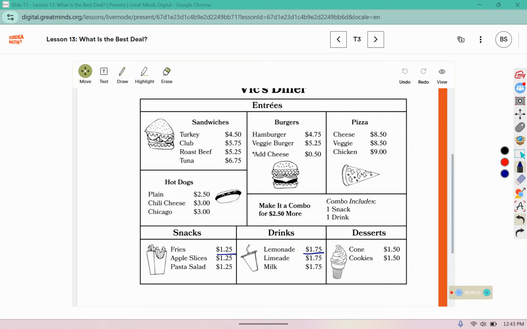Well, just by getting the drink and the snack as part of the combo, I'm saving 50 cents because $1.25 and $1.75 is $3, but they're only charging me $2.50. So now I have a $5 combo. So with the $5 combo, I could get 15% off the combo.